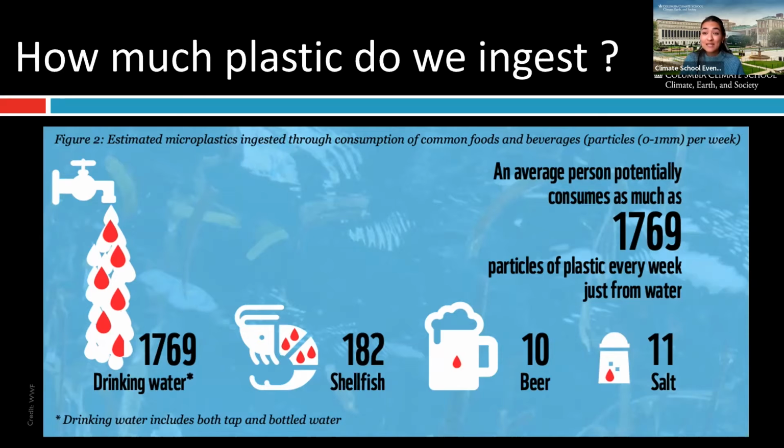Oftentimes it is just the waste, the expired food from a grocery store. They don't even oftentimes care to take it out of the packaging. They just grind it all up and feed that expired waste from the grocery to their farm animals. So it really is kind of a garbage in, garbage out scenario.